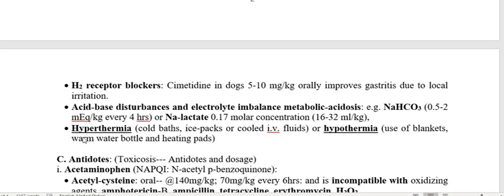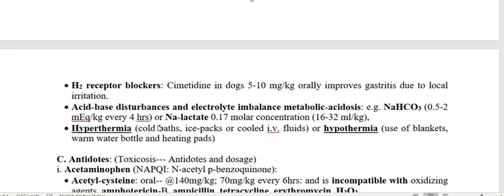If you are getting symptoms like hyperthermia, meaning the poisoned animal's body temperature is high, then you have to give a cold bath, ice pack, or by any means keep the animal cool. So in case of hyperthermia, you have to give this treatment, and in case of hypothermia, you have to give a blanket to the animal, or warm water in a bottle, or a heating pad.